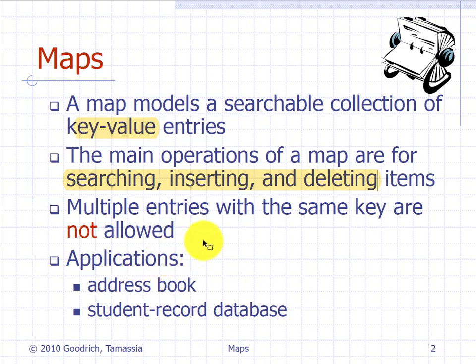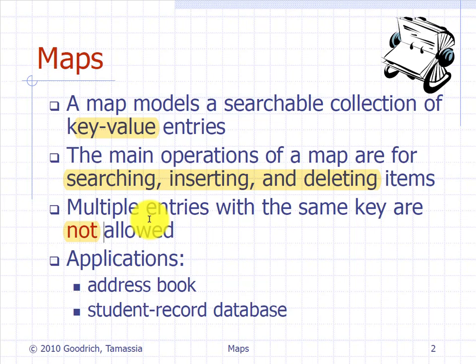Now, multiple entries with the same key are not allowed. And this is in red. And the reason for this is quite obvious. If you have two keys which are the same, then to find those keys, you'll have an ambiguous search, right? You'll have two keys which are the same, and they might be storing different objects, but you won't have any secure way, because remember, this map is hidden away.